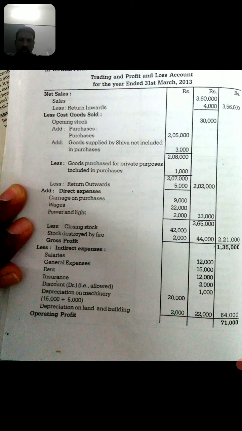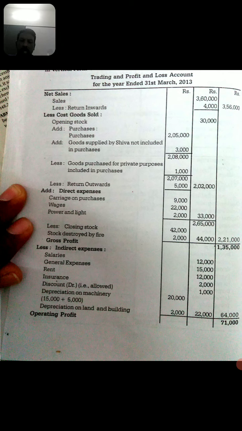1,35,000 less indirect expenses, that is salaries, general expenses, rent, insurance, discount allowed, and depreciation on machinery and depreciation on land and building. So in the problem they have given depreciation of rupees 15,000 plus depreciation on machinery is 5,000.